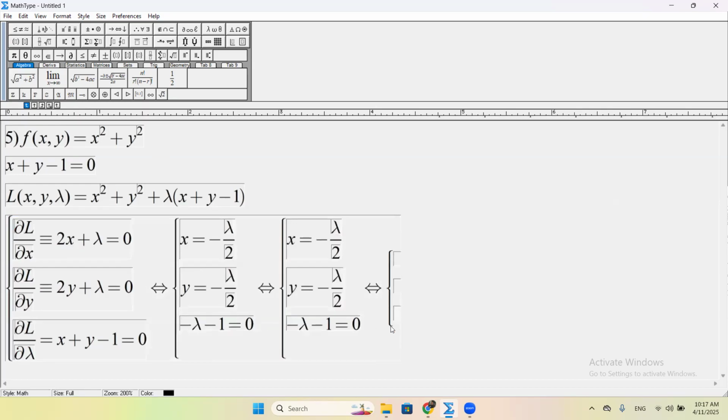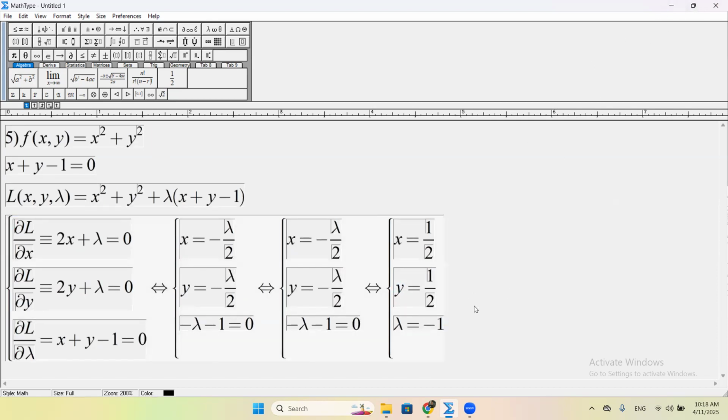So lambda equals minus 1. Then x equals 1 over 2, and y equals 1 over 2 as well.